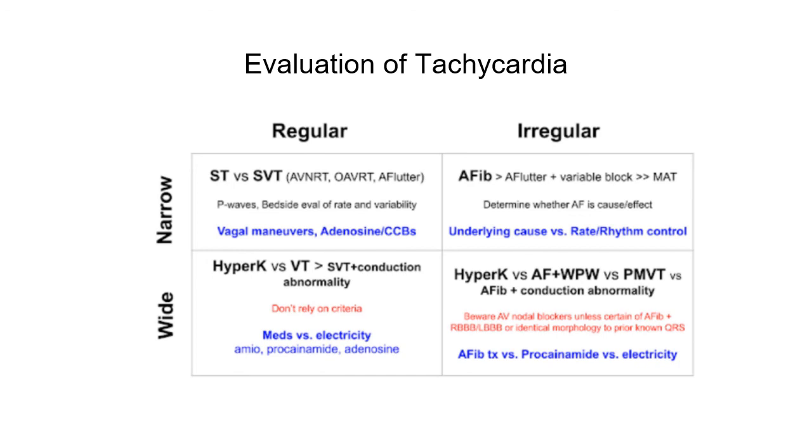And then if it's a narrow irregular, then you determine what the cause is, and then you either do rate or rhythm control. So pretty easy to remember. The biggest thing is just don't do calcium channel blockers or beta blockers in a wide irregular tachycardia. So that's the take-home point. Okay.